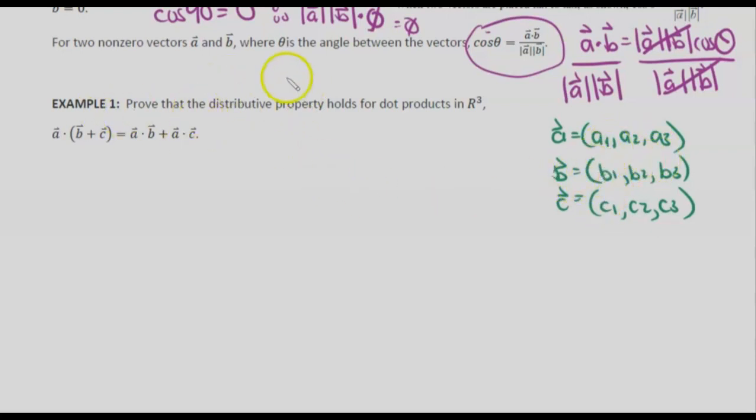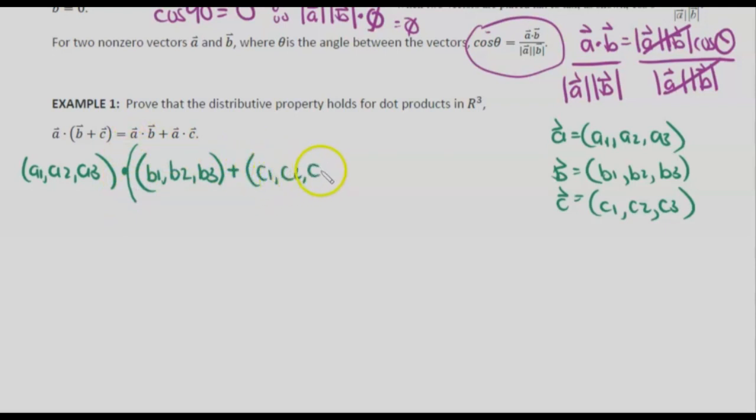Okay, so how can we prove this? Well, we're just going to sub this straight into this dot product. So we're going to have vector A, which is going to be A1, A2, A3, and then in brackets, it's going to be dot. We're going to actually add vectors B plus vector C. So we're going to add B1, B2, and B3 plus, in big brackets, vector C, which is C1, C2, C3.